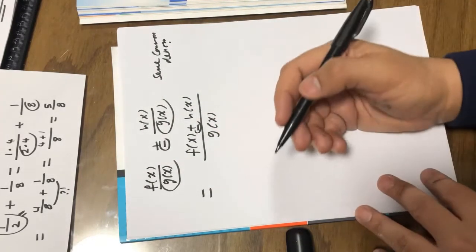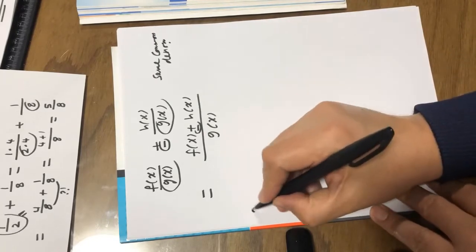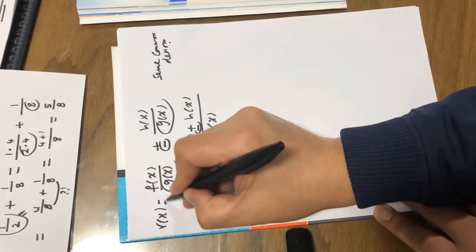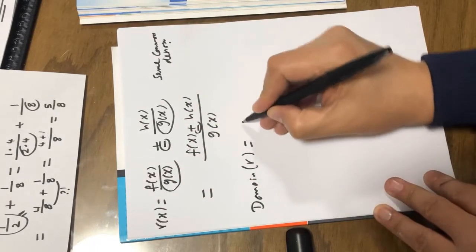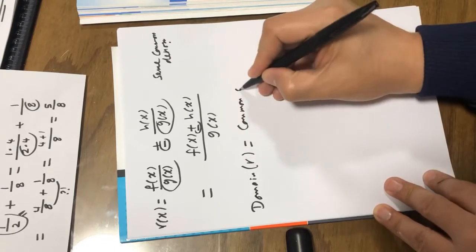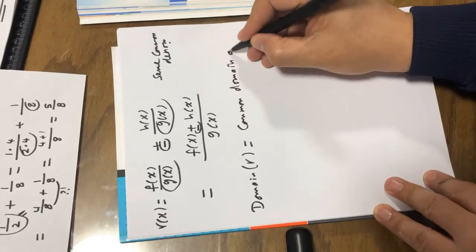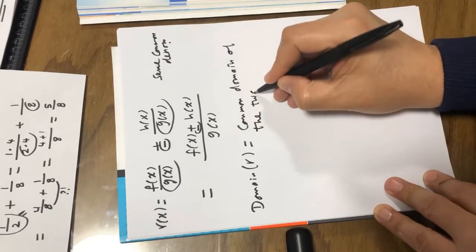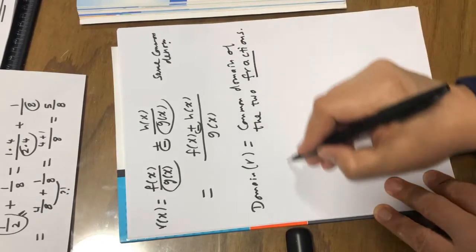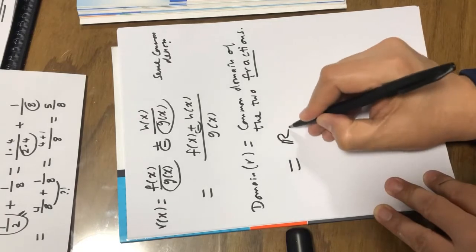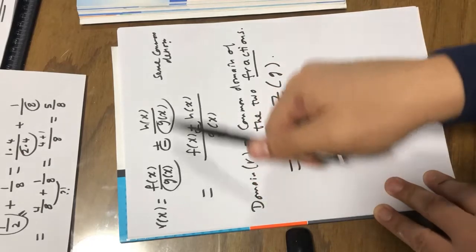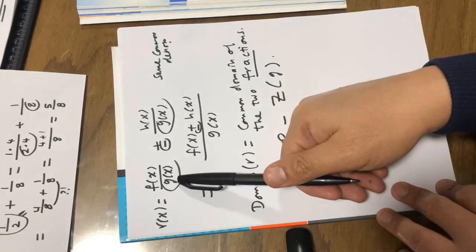But what is the common domain? The domain, if we call this R(x), the domain of R is the common domain of the two fractions, which is all of the real line except for Z of g, because what's excluded here is the zeros of this g.